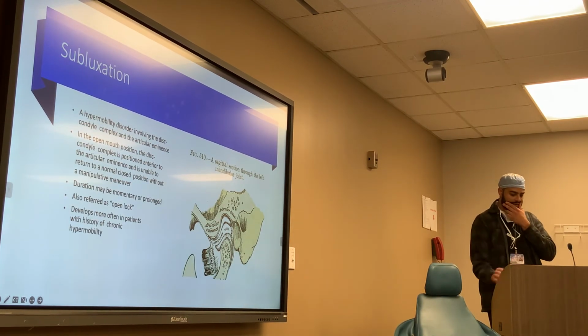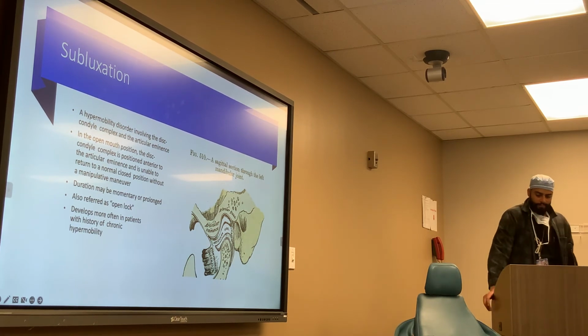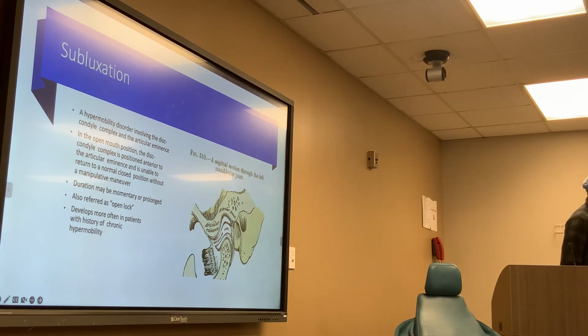Okay, so now we have another issue that we talked about, a hypermobility issue, which is subluxation. Just by looking at the picture, not the words, can anybody tell me what they think that is? Exactly, yep.